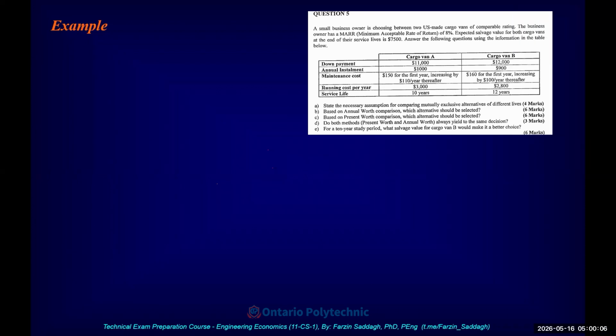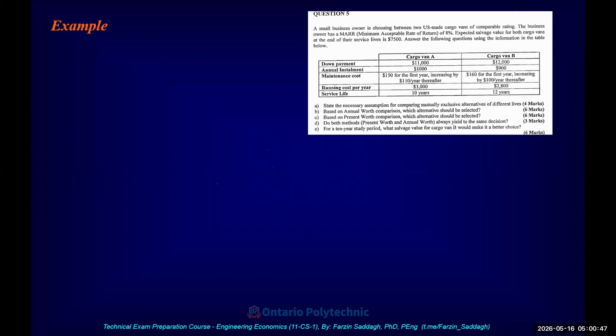Because salvage value is the value of the equipment, or the project, based on its initial value, the total value of the project or the equipment. I don't know what this question is about, but we use the down payment for calculating salvage value at year 10.